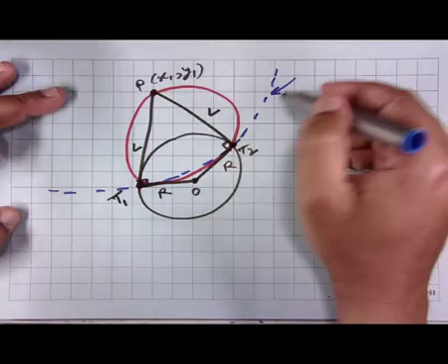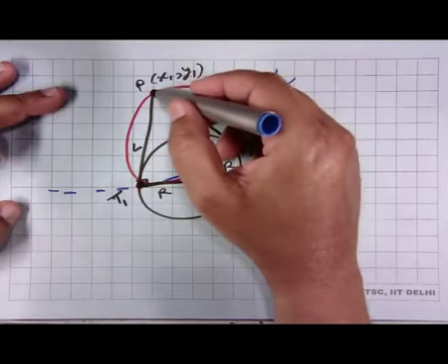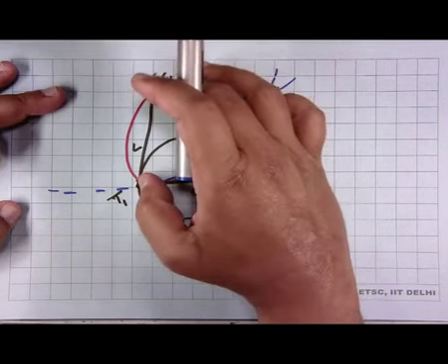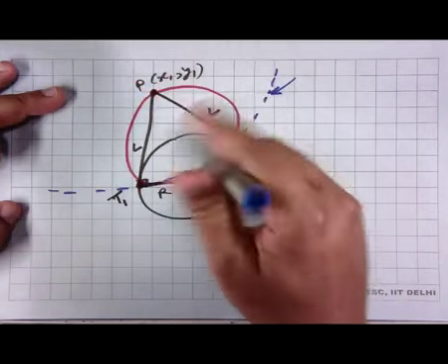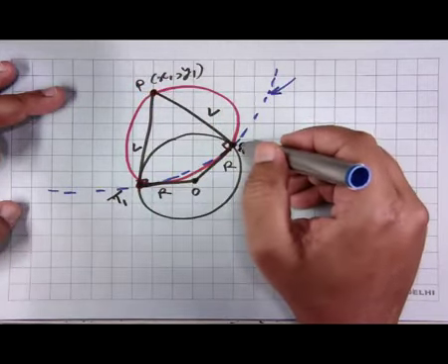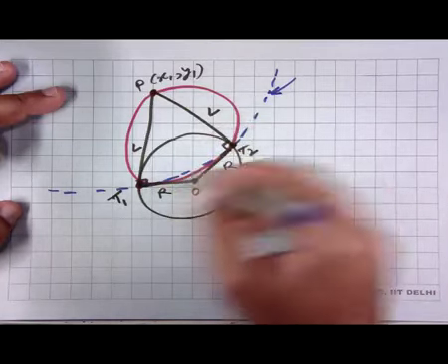This circle in blue has its center at P and a radius equal to L. So, clearly this circle in blue passes through T1 and T2 and it intersects the given circle in black at T1 and T2.